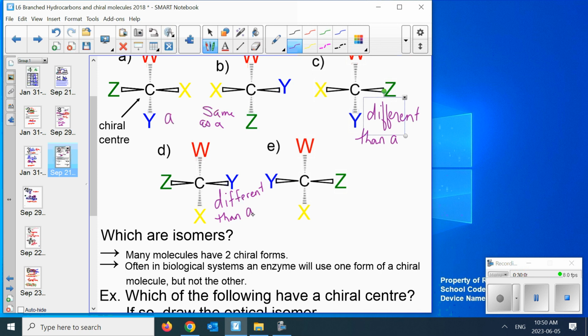This is different than A, right? E is the same as A because if I did the old spin, it becomes the same. Same as A.